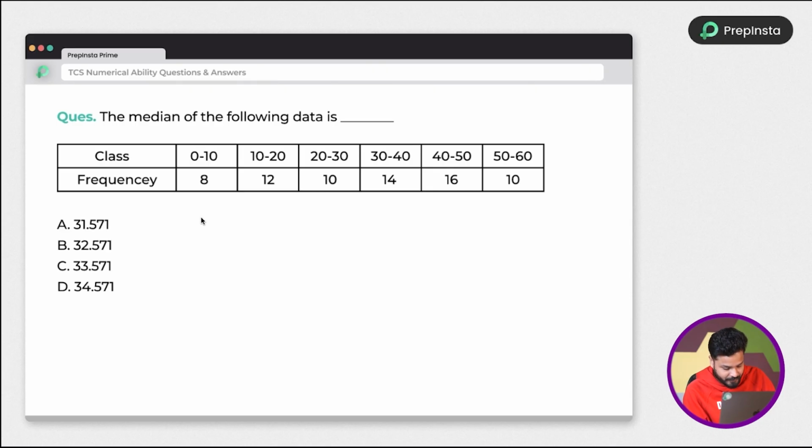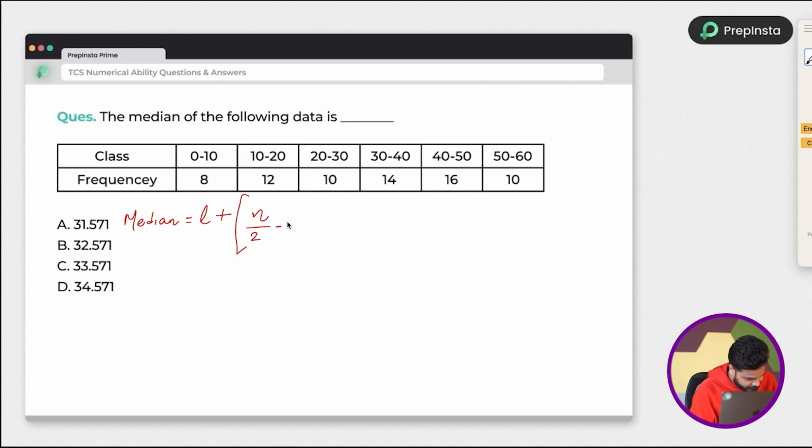So the formula for median is, let me just write in a different color pen so that it's there in our head always. So median is basically L plus (n by 2 minus C) divided by F into H, right?